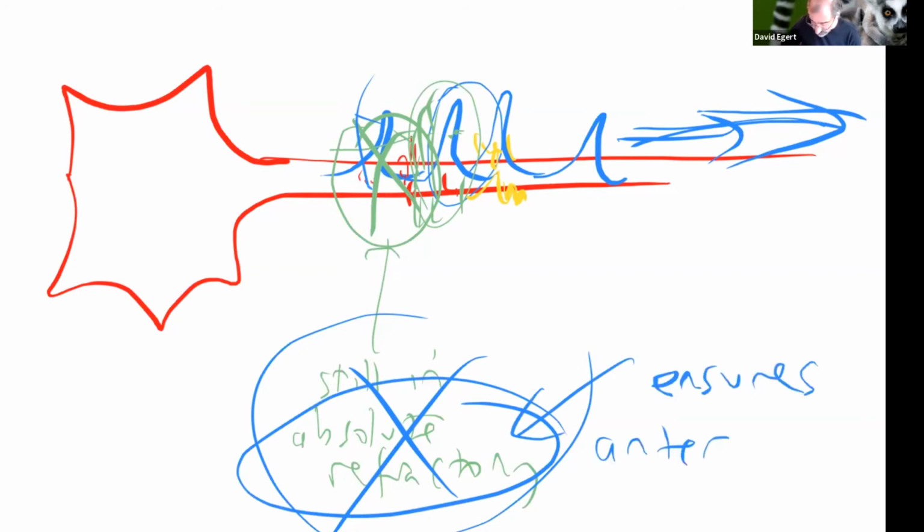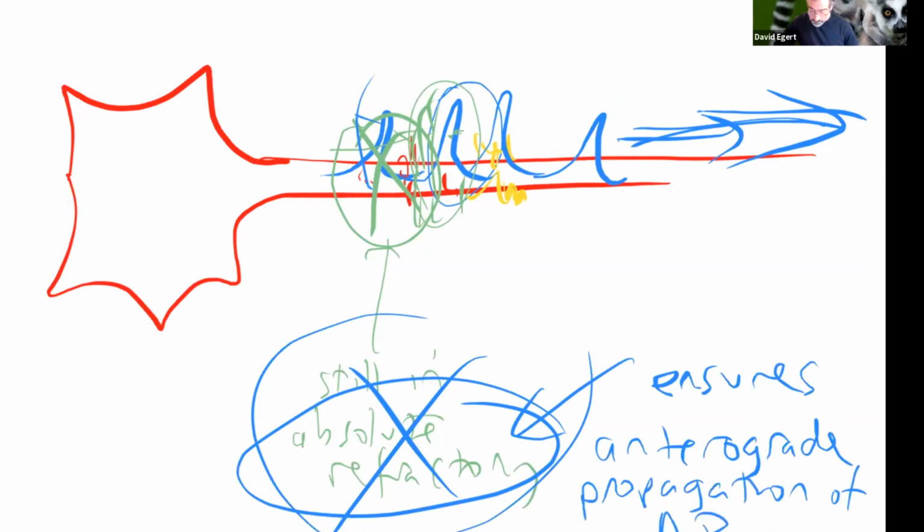So this refractory period ensures anterograde transmission. Anterograde propagation. Right, because of this absolute refractory period, whenever part of the membrane is experiencing an action potential, it can excite the next little part of the membrane to have its next continuation of that excitation.